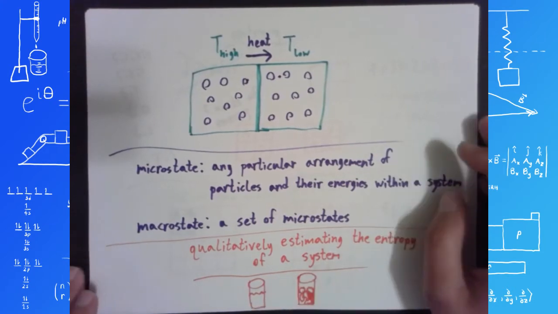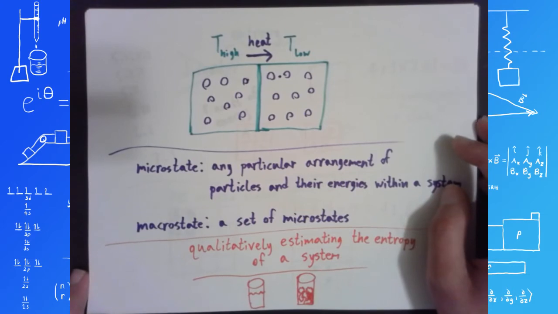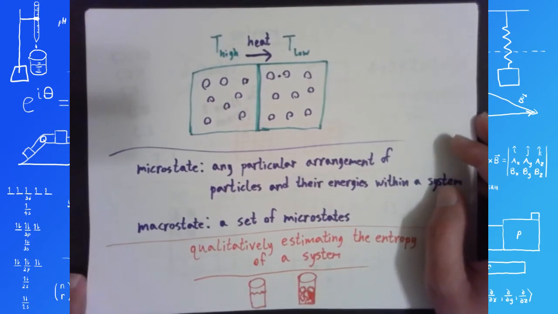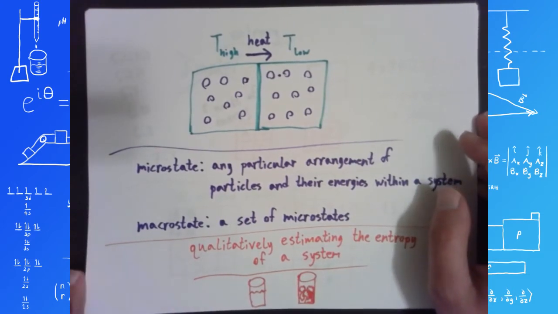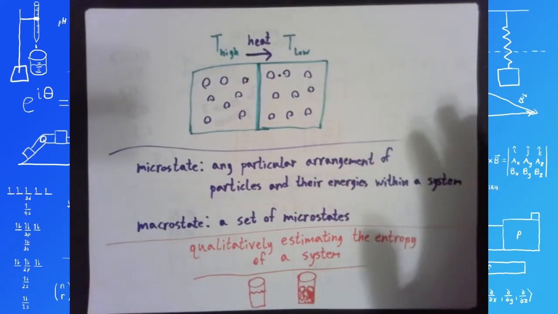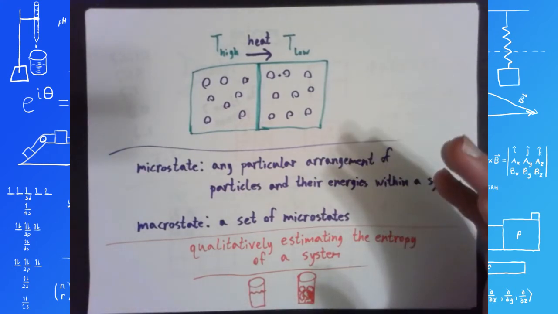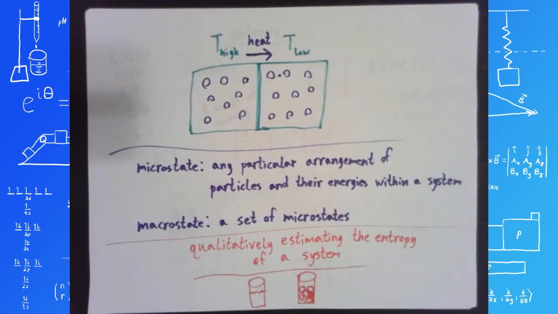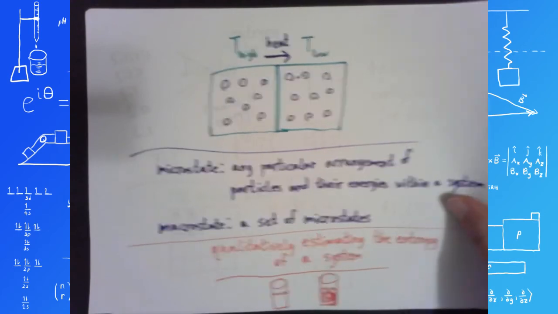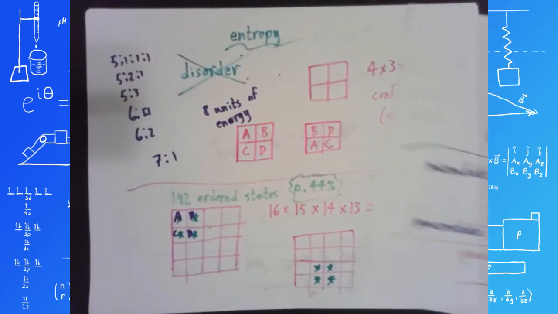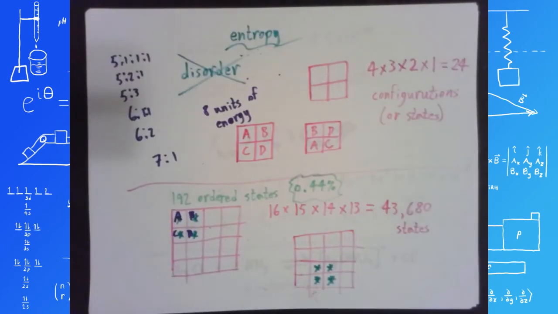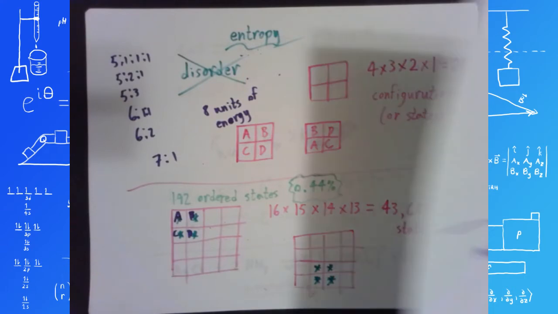Liquids have a definite volume, gases don't. Gases can change their volume, so they have lots of possible arrangements because they have lots of possible system sizes. Remember, increasing the size of a system can dramatically increase the number of available microstates.